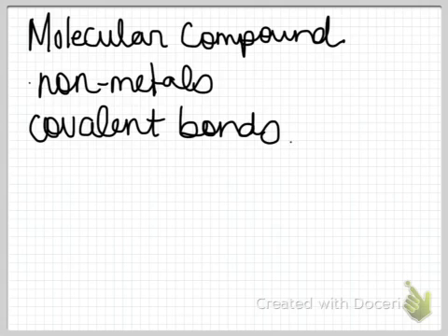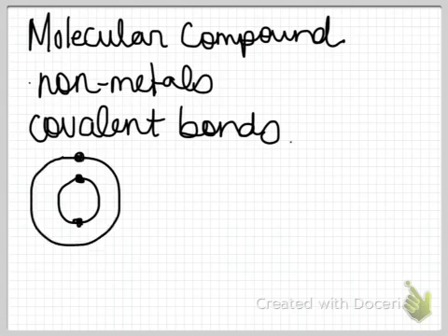So when we did the Bohr diagrams, this is where the covalent bonds come into play. So if I have an atom with space on its outer shell, this atom right here can make a covalent bond with another element.